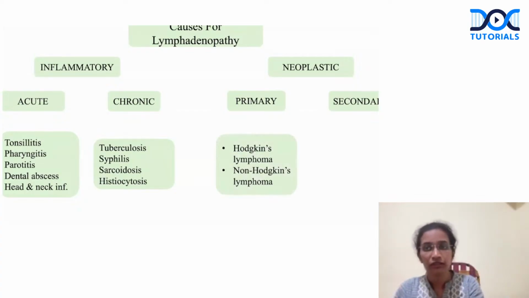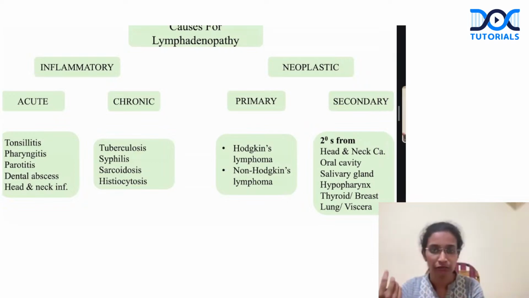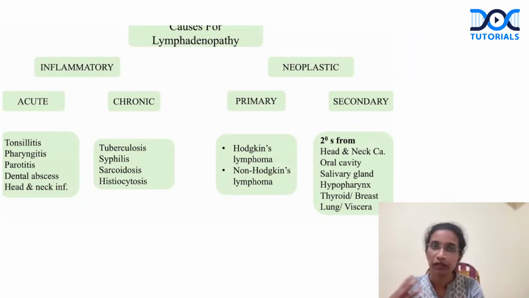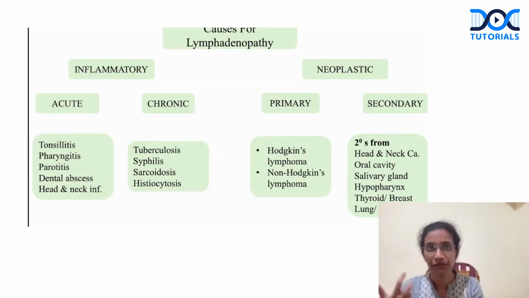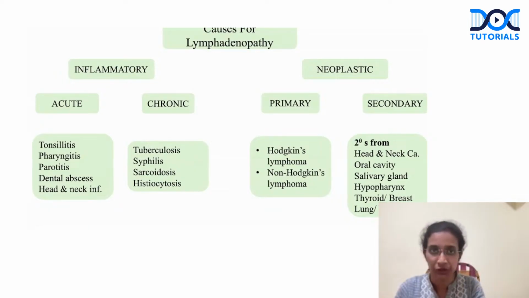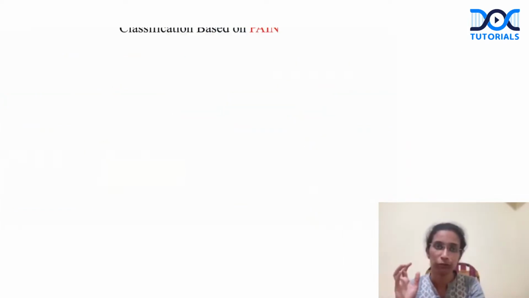If it is a secondary neck node, then you need to look for the primaries: some lesion in the oral cavity or head and neck cancers in general, salivary gland tumors or hypopharynx ulcers, or adenocarcinomas arising from glands like thyroid, breast, or malignancies from lung or any other viscera. Say, for example, gastric malignancies which present with a supraclavicular lymph node, which is Virchow's node. So these are the broad causes of cervical lymphadenopathy.